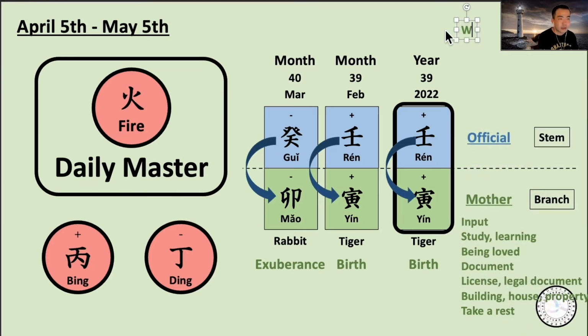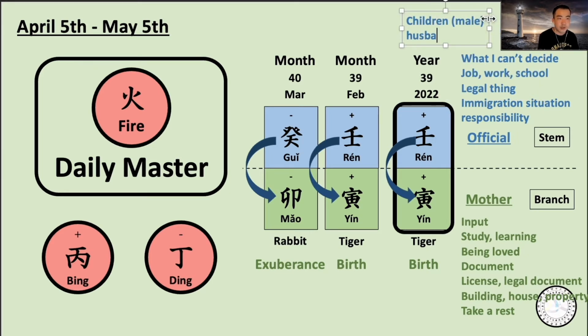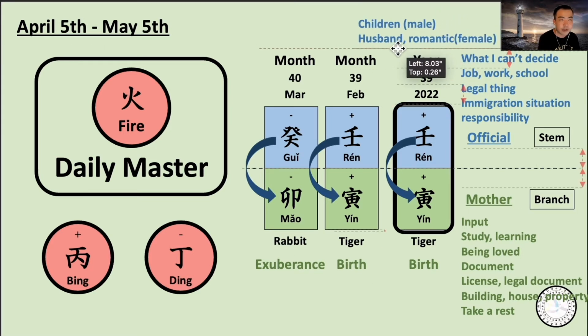And official is something I can't decide, something I cannot really control. It could be a job situation, work, or school, any kind of legal thing. For example, like an immigration situation, or any kind of responsibility that I have to deal with. And it could be children for male, and could be husband or romantic relationship for female.